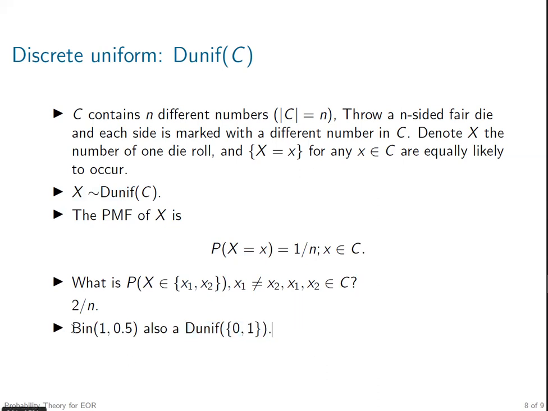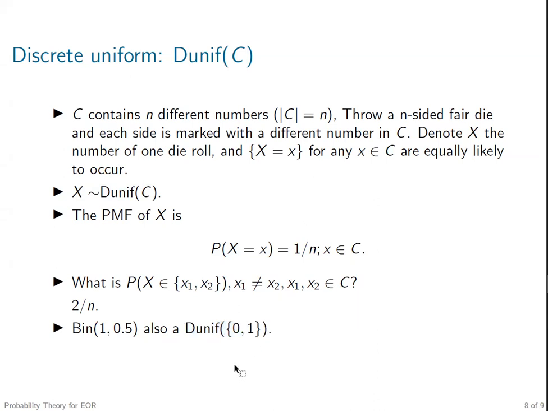Because the binomial distribution with n equal to 1 and p equal to half is essentially the Bernoulli distribution with parameter p equal to half. That is essentially the distribution associated with the random variable of getting 1 if you have a head and 0 otherwise. And given the success rate is half, 50-50, it's a discrete uniform distribution of either getting 0 or 1.